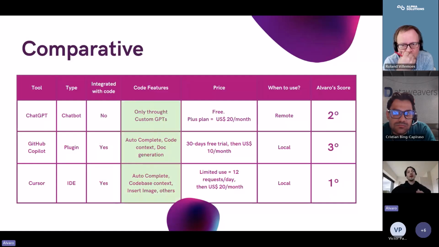Code features, and I think this is the most important column in this table. ChatGPT has code features only through custom GPTs. GitHub Copilot has autocomplete, code context, and doc generation.